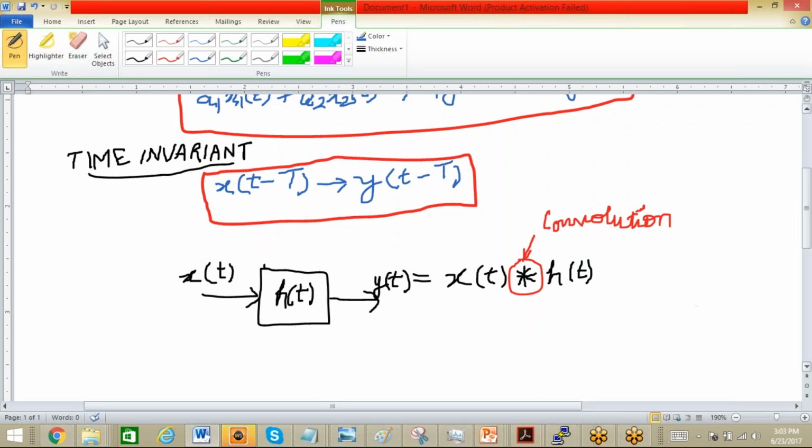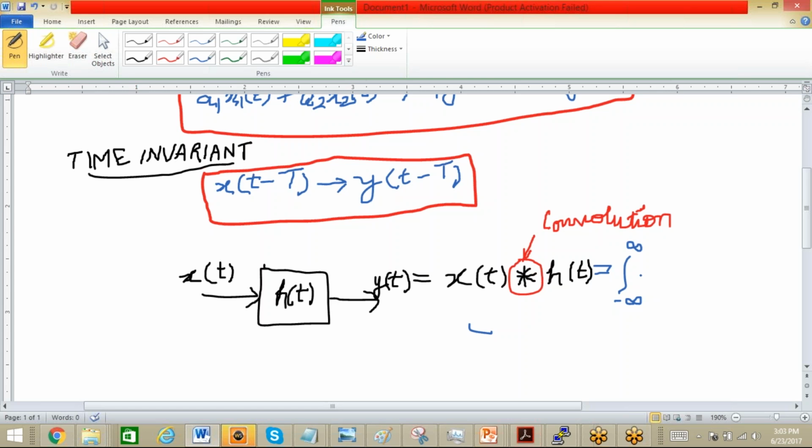Let me write it for you. This is the integral, ranging from minus infinity to plus infinity.